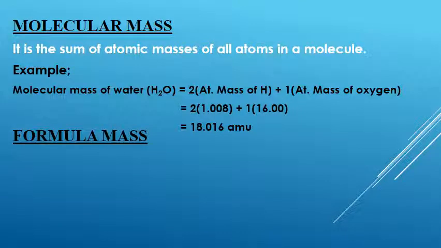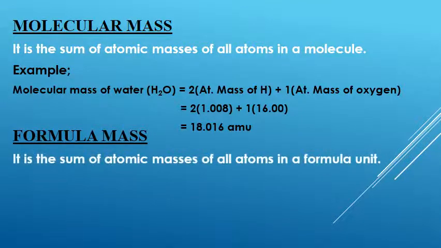The next terminology that I am going to talk about is formula mass, and it is the sum of atomic masses of all the atoms in a formula unit. Formula mass is written for ionic compounds specifically.